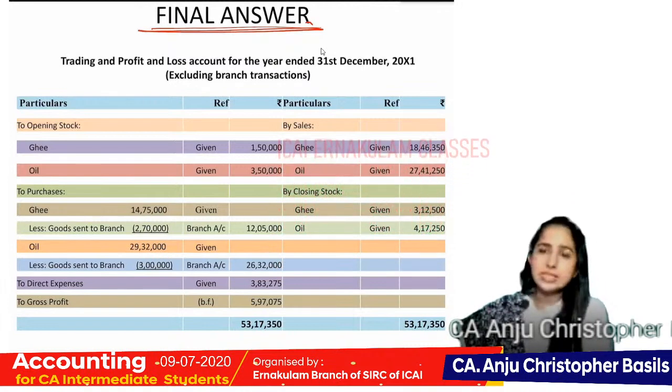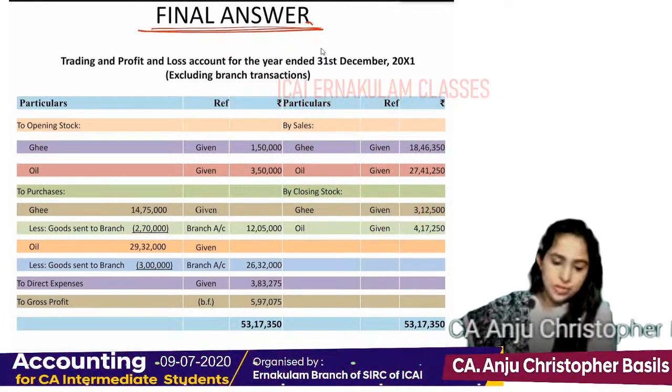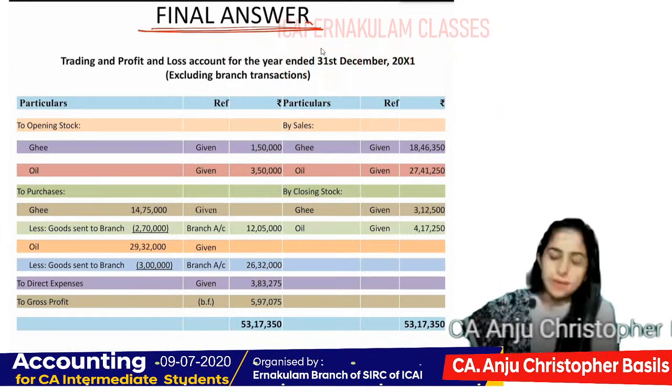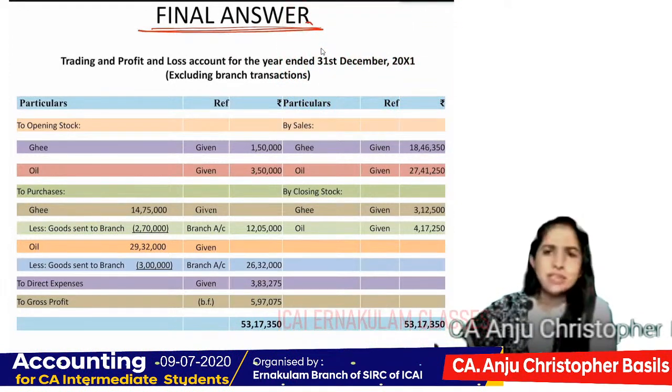Okay, good job, students. Now the closing balance of the furniture. Opening you are given, 10% is the depreciation. The balance is 1,800. So kindly take that down also, everybody.